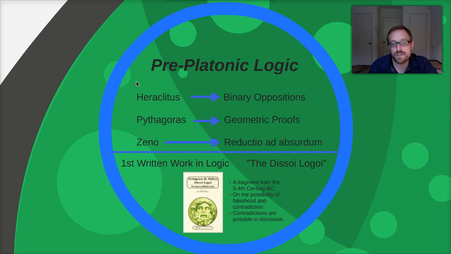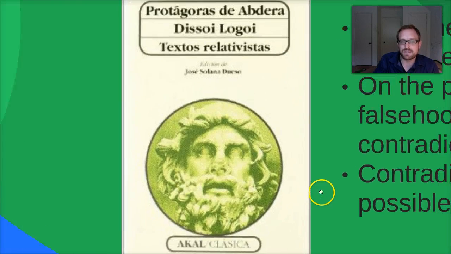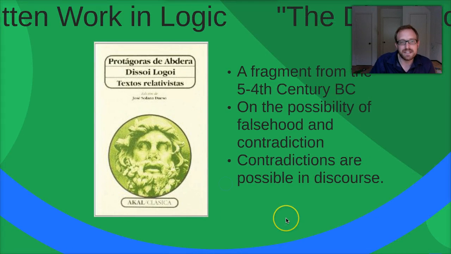Now, the first written work in logic is actually called the Dissoi Logoi, and it's a fragment from the 4th and 5th century BC. And here's an example of what the book would look like if you wanted to read it. This fragment concerns the possibility of falsehood and contradictions.